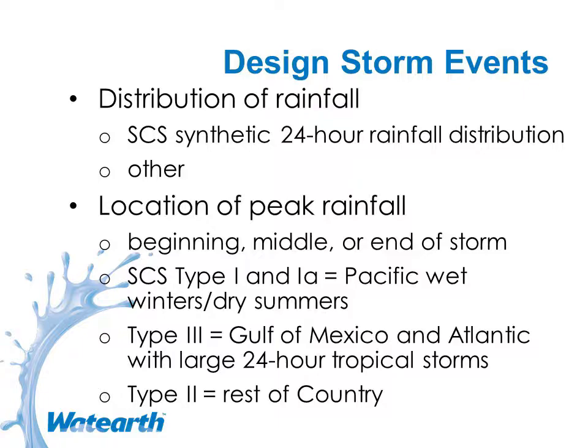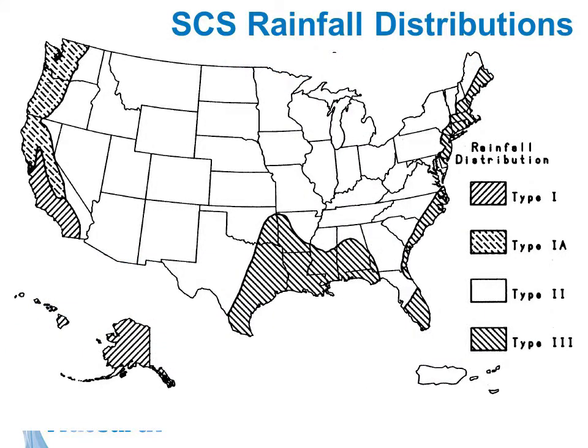If you're using the SCS unit hydrograph, then you select the type based on where the peak occurs. This graph gives you an idea of, for the SCS, where to use which type event. And again, that relates to where the peak center occurs.